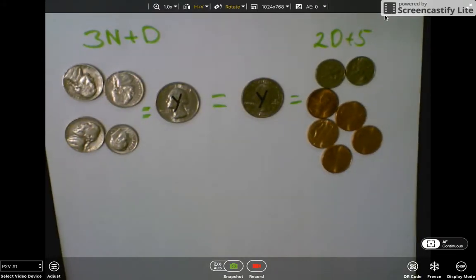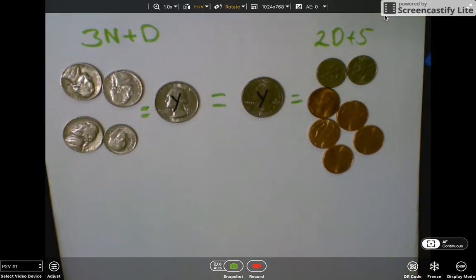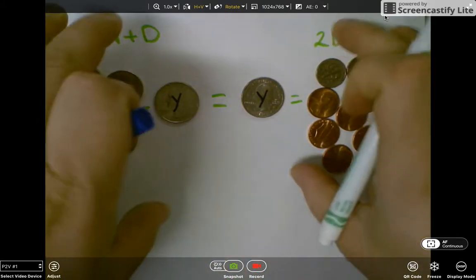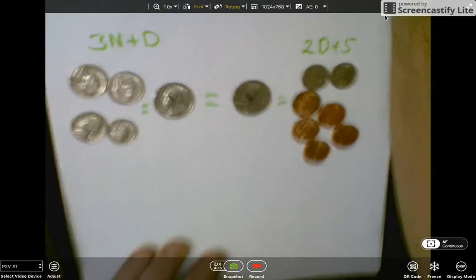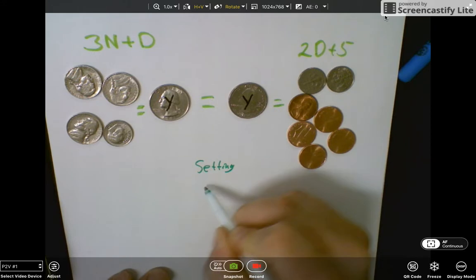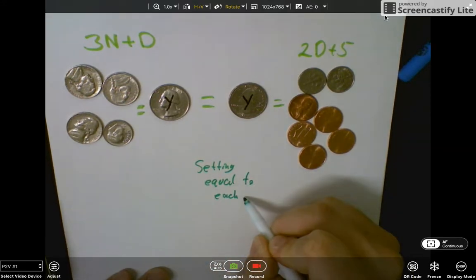All right, so here's where the algebra comes into play and how the substitution works. Because y equals y, I can actually set what's on the outside equal to each other. This is kind of called setting equal to each other.